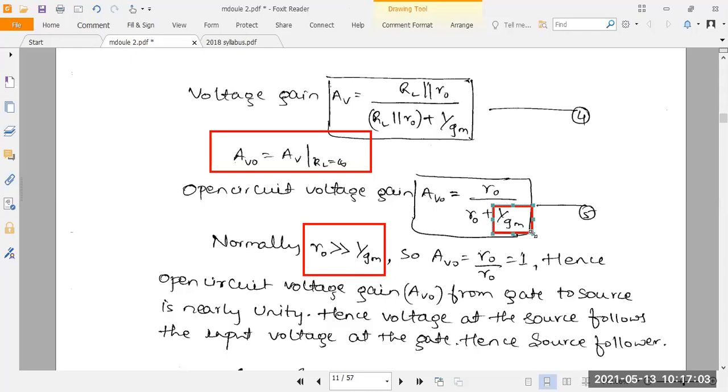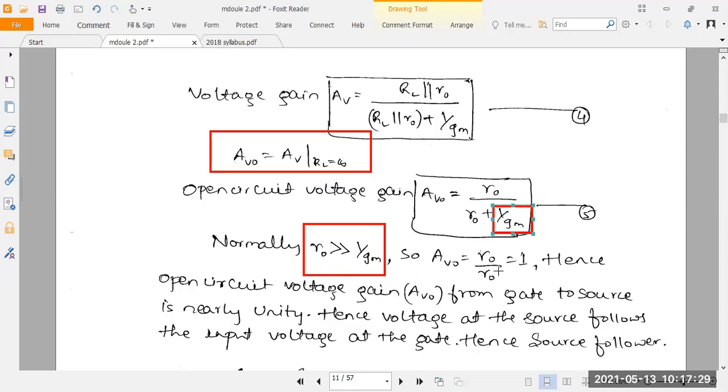This 1 by gm is neglected because it is very small compared to R0. That's why you remove 1 by gm from the AV0 equation here. So R0 by R0 means AV, the open circuit voltage gain, should be equal to unity, okay, means 1. So AV0 is equal to 1 here. Understood?